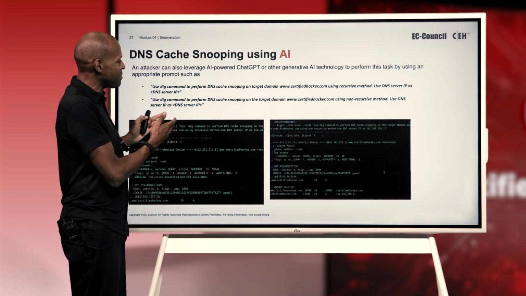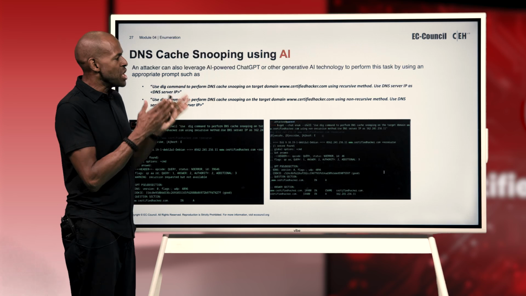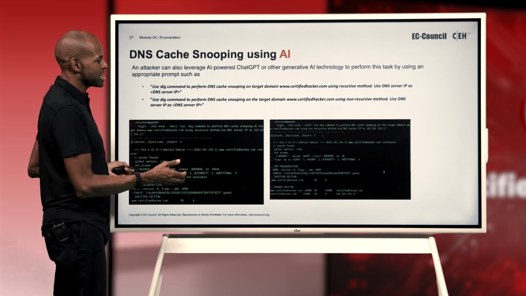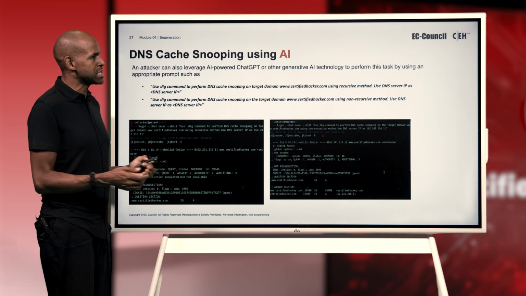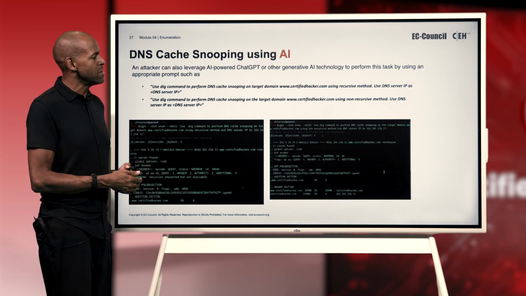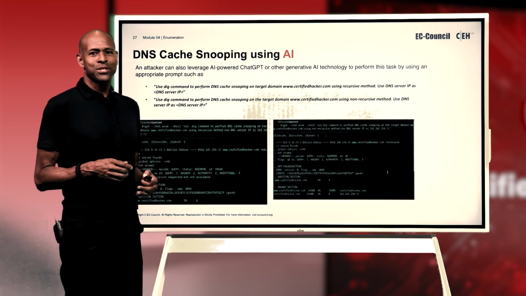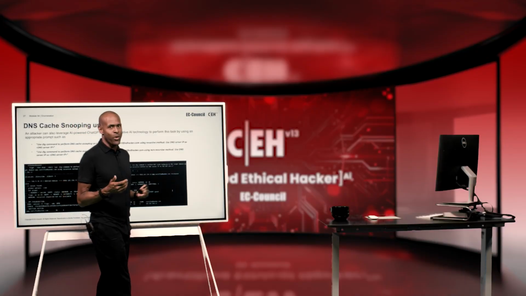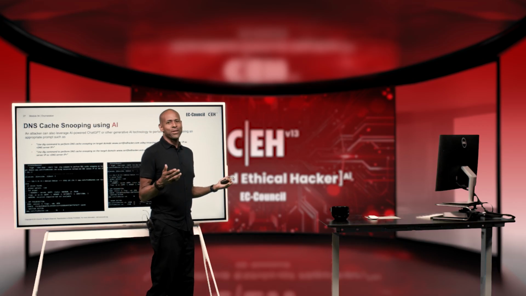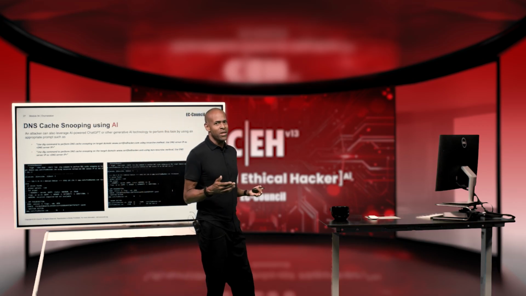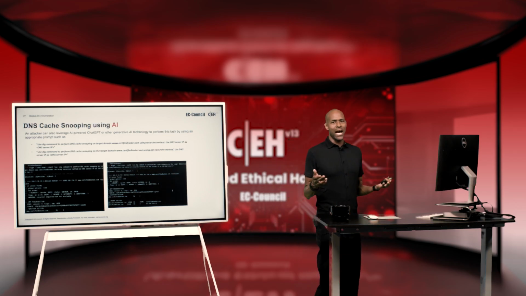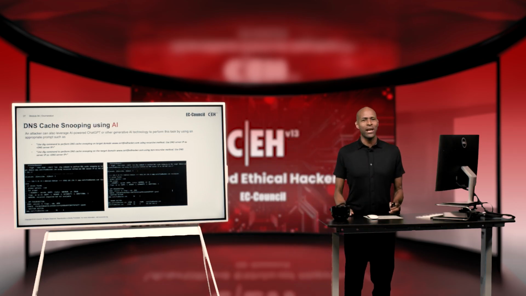Another one, use the dig command to do cache snooping using the non-recursive method. So we have both of these, and it pulls out records from the DNS server using both methods. So if you don't remember how to use Nmap to do a recursive or a non-recursive query, if you don't remember how to use DNSRecon to pull information out of a DNS server, well, you can use AI to do it for you. We're going to see that over and over again as we go through this course.